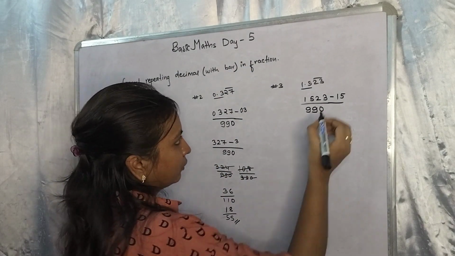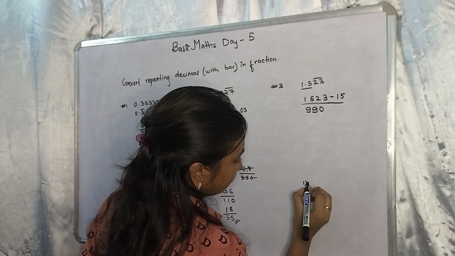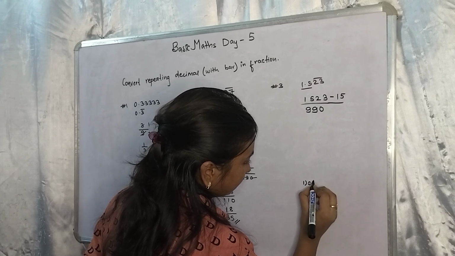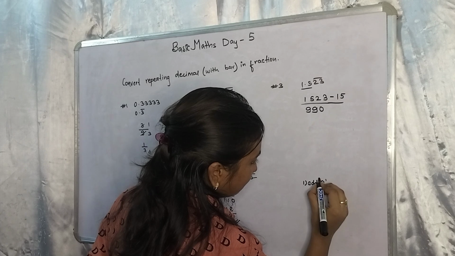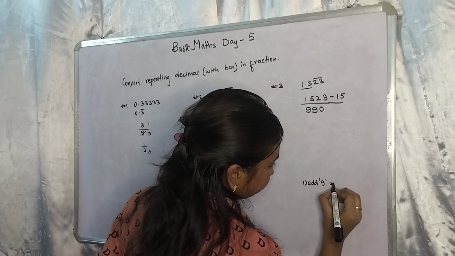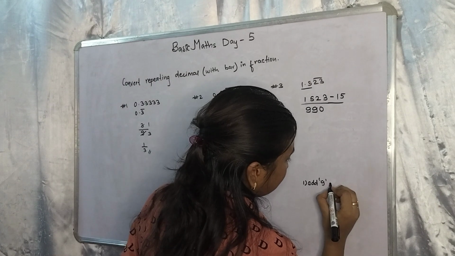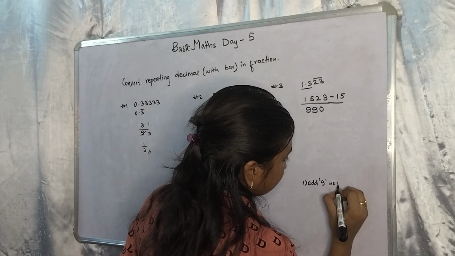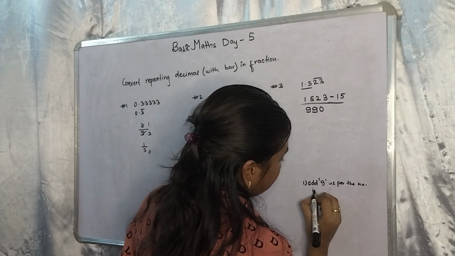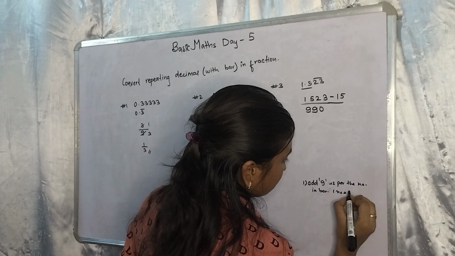Rule number 1, add 9 as per the number of digits in the bar. One number equals one 9. So there are two numbers in the bar, so two 9s.